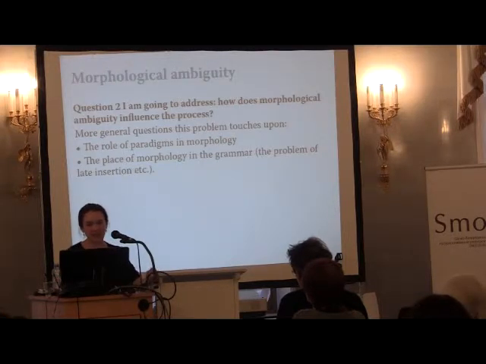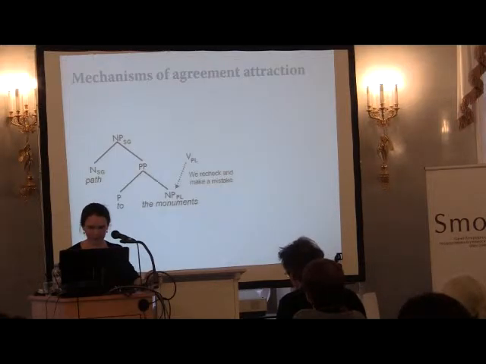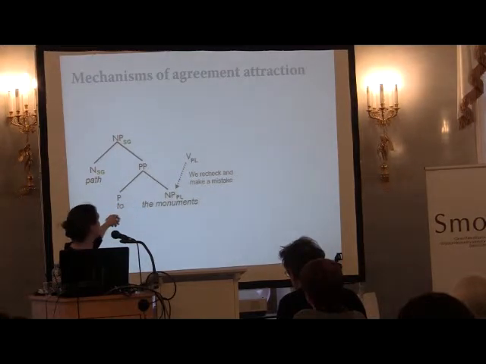And the second question that I'm going to address is how does morphological ambiguity influence this whole process? Here, in this approach, it's more obvious than in that approach, because if the form looks like a subject, apparently it's easier to be fooled during rechecking.